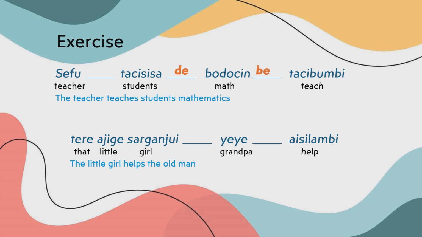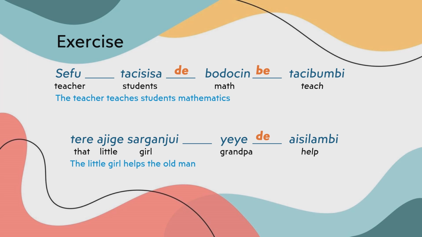The teacher teaches students mathematics. Okay, number 2. We use de here. The little girl helped the old man.